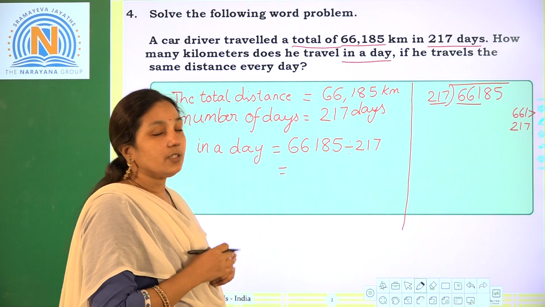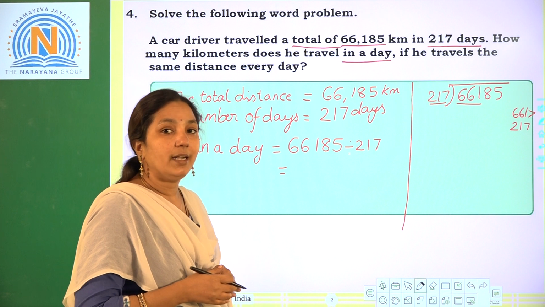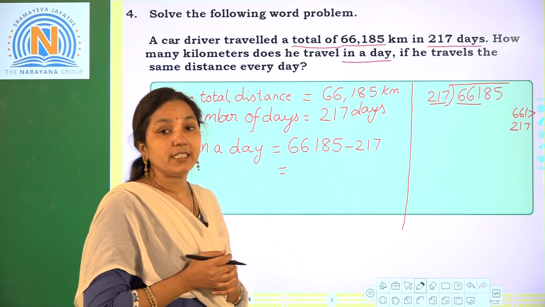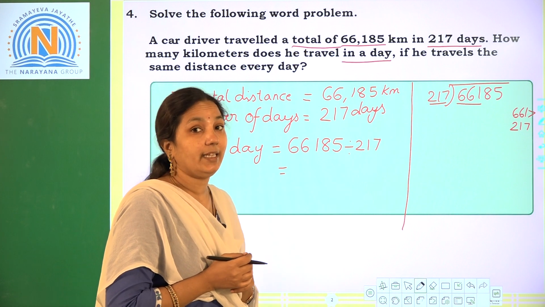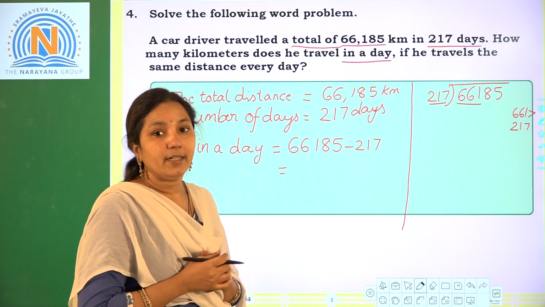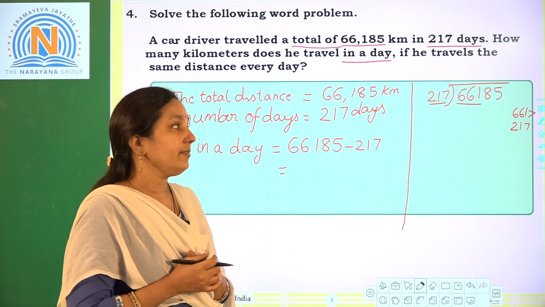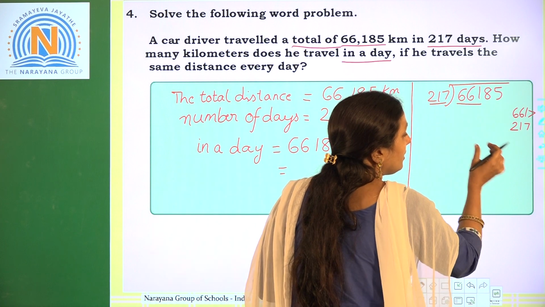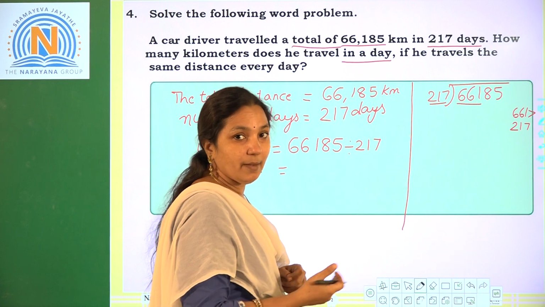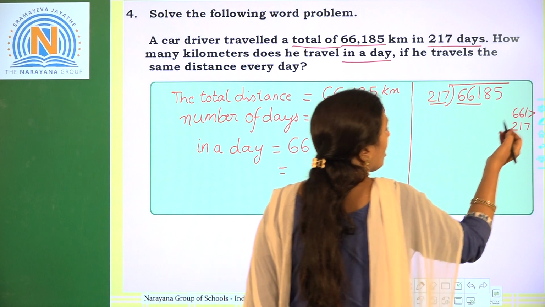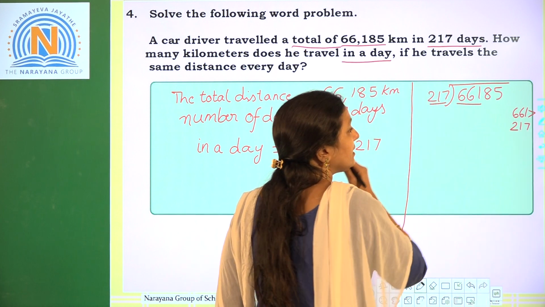Next, multiply with the divisor, meaning how many 217s are there in 661. Then subtract, then bring down the next number.